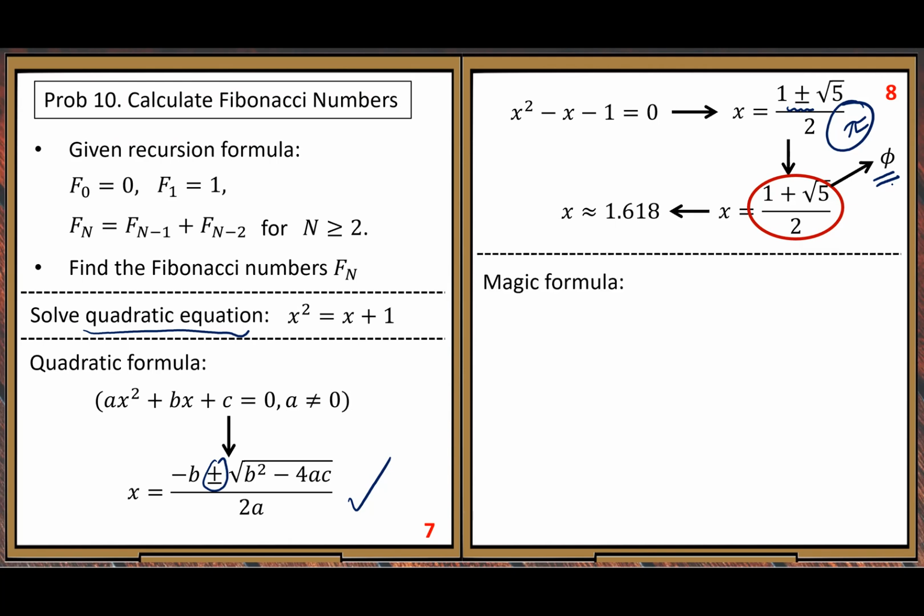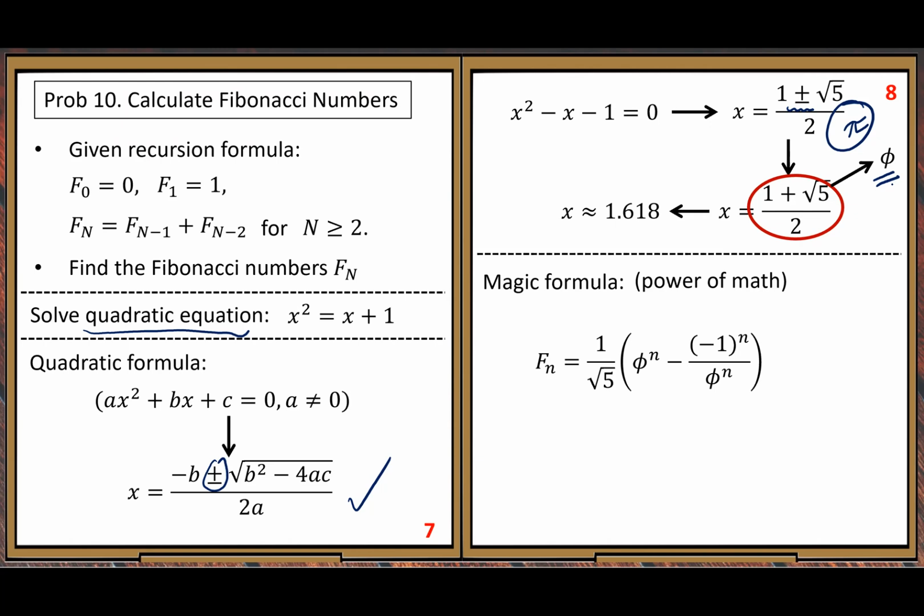With the golden ratio notation, the Fibonacci number can be represented using a magic formula. Why magic? Because it's quite unusual.